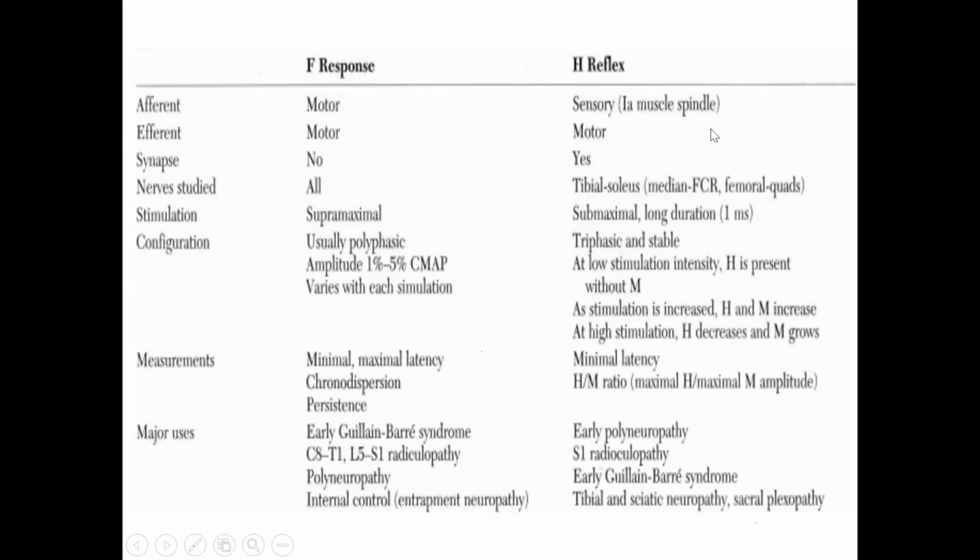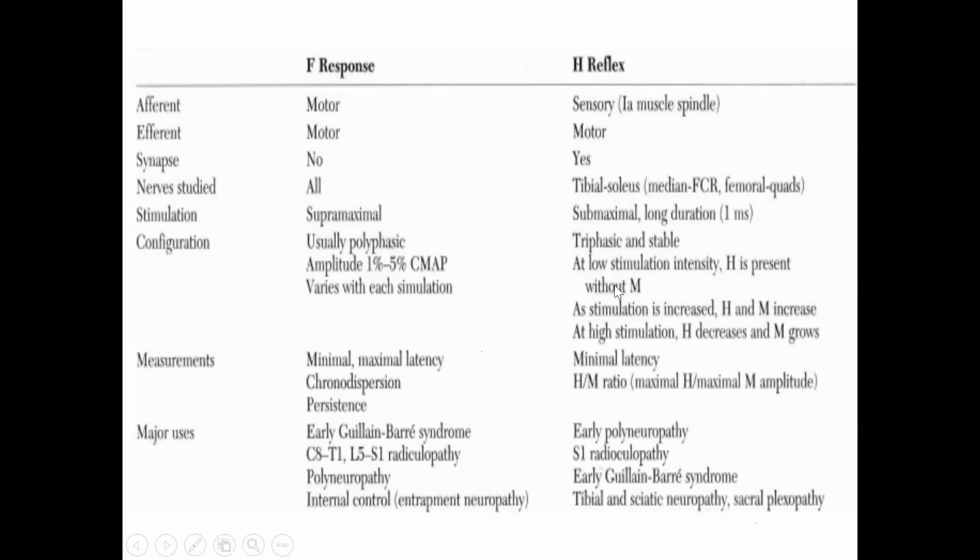The H reflex has a sensory afferent and a motor efferent. Then there is a synapse. It is studied in a fixed nerve, that is, tibial to soleus we are checking. You can do it in the femoral also. You have to start from submaximal stimulation and then go to supramaximal stimulation. The configuration of the H reflex is usually triphasic.